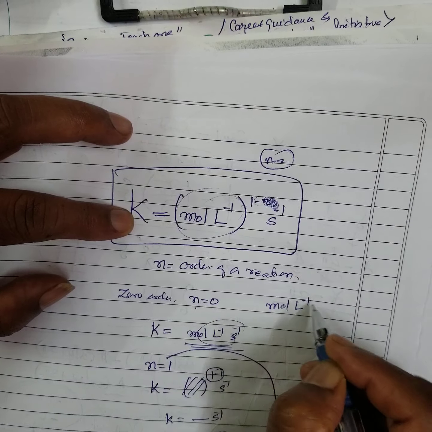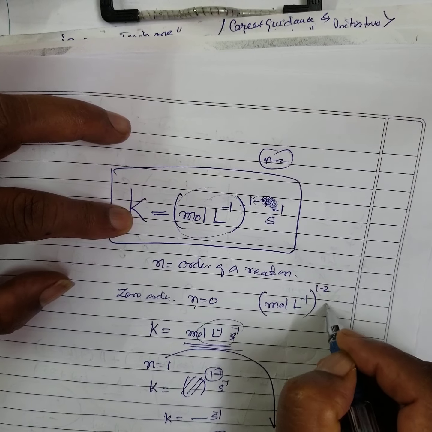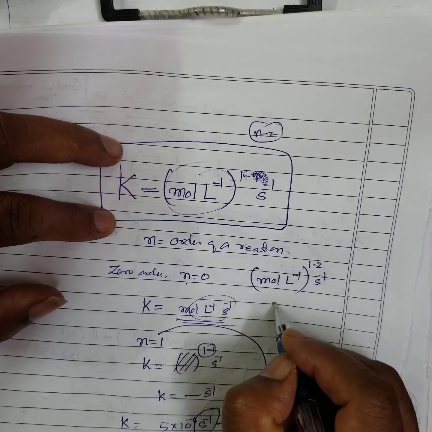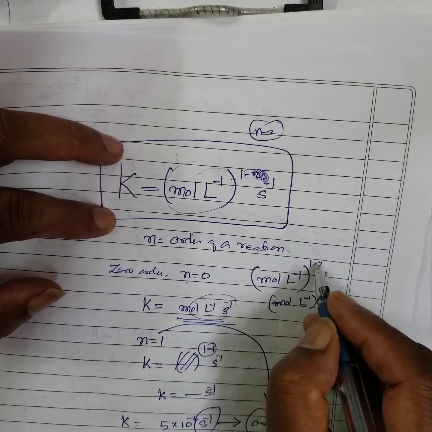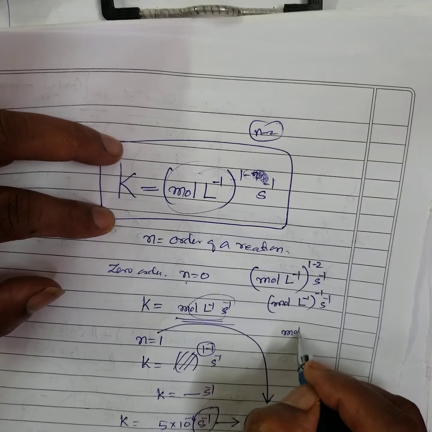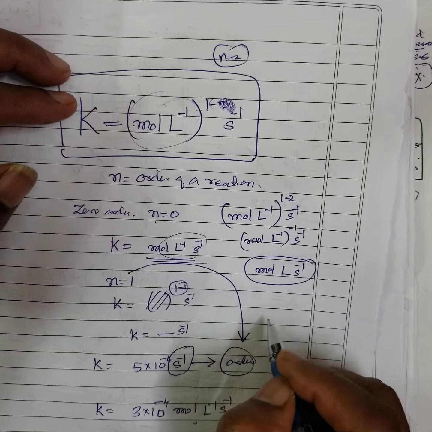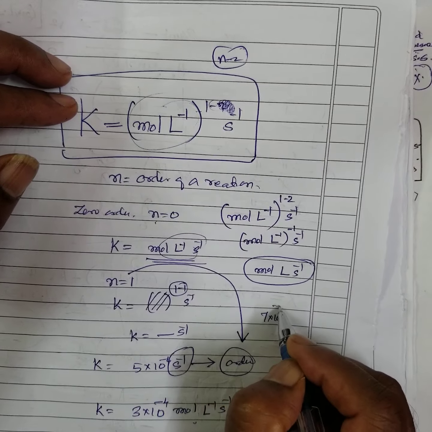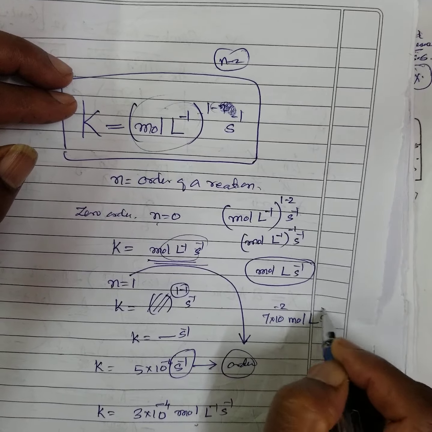Mole per liter, 1 minus 2 per second. In that case, mole per liter minus 1 per second. Therefore, mole per liter per second. Suppose 7 into 10 to the power of minus 2 mole per liter per second.